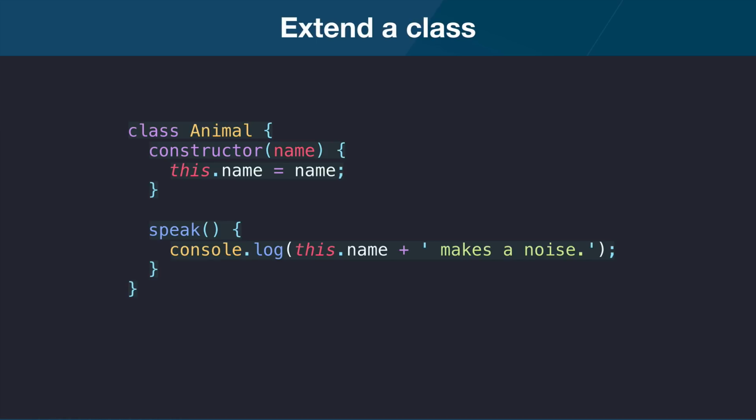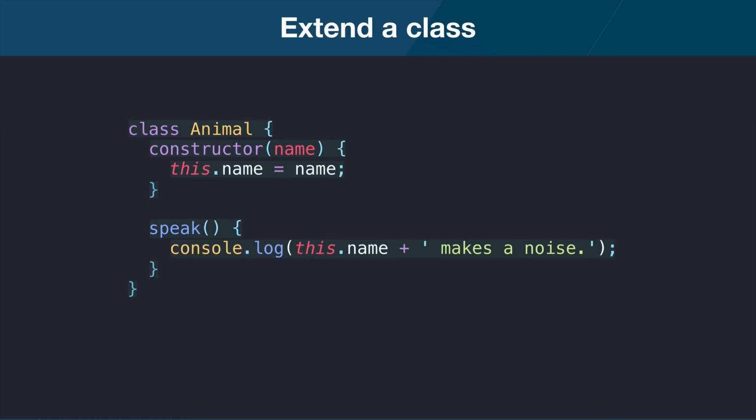This is just how you use methods. When we get into React, you're going to be doing this all the time, and we'll show you how it all works with new age class syntax even. But yeah, speak is a method on this class, so we declare it by saying speak, parentheses, curly braces, open the function block. And that's just going to take in the name on this.name and concatenate the make a noise string to it.